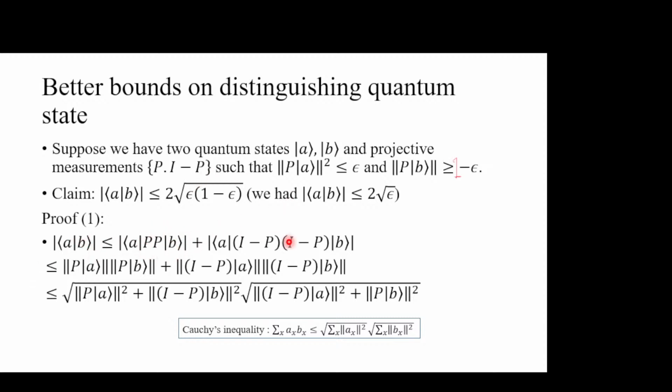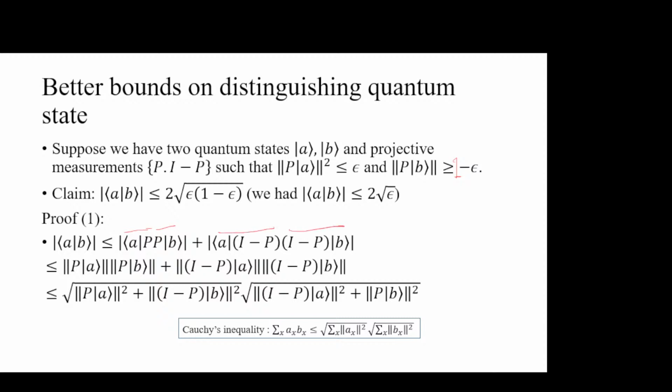We have 1 minus P and P, but we also notice that 1 minus P and P are both projectors. So P equals P squared, and 1 minus P equals 1 minus P squared. So instead of sandwiching P and 1 minus P, we can sandwich P squared and 1 minus P squared. Then in the next step, when we break into norms, we have more projectors to attach. With Cauchy-Schwarz, we have the inner product between AP and PB, and the inner product between A(1 minus P) and (1 minus P)B.